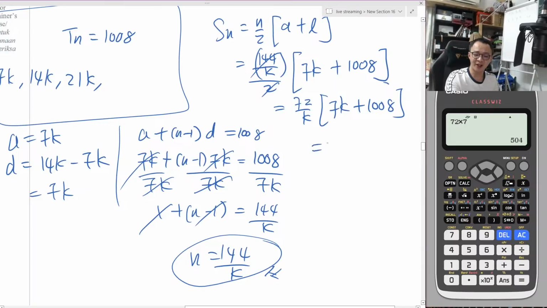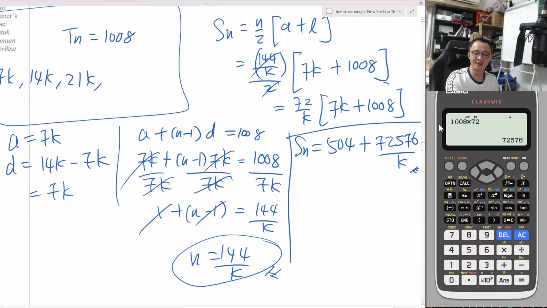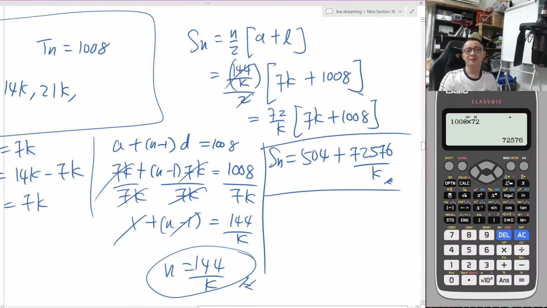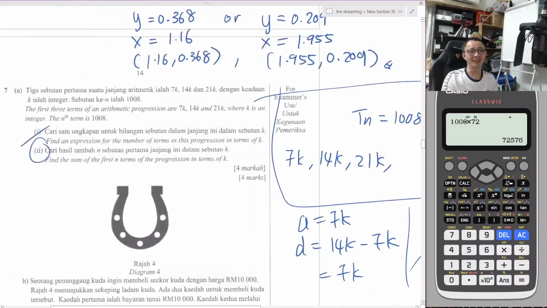K and k simplify, I get 504 plus 1008 times 72. What? 72576 over k. Done. This is my Sn in terms of k. Yeah, a lot of algebra involved here. If you are good in algebra, this kind of question will not be too scary for you. If you are not that good, you might need to think a little bit about how to do this one.